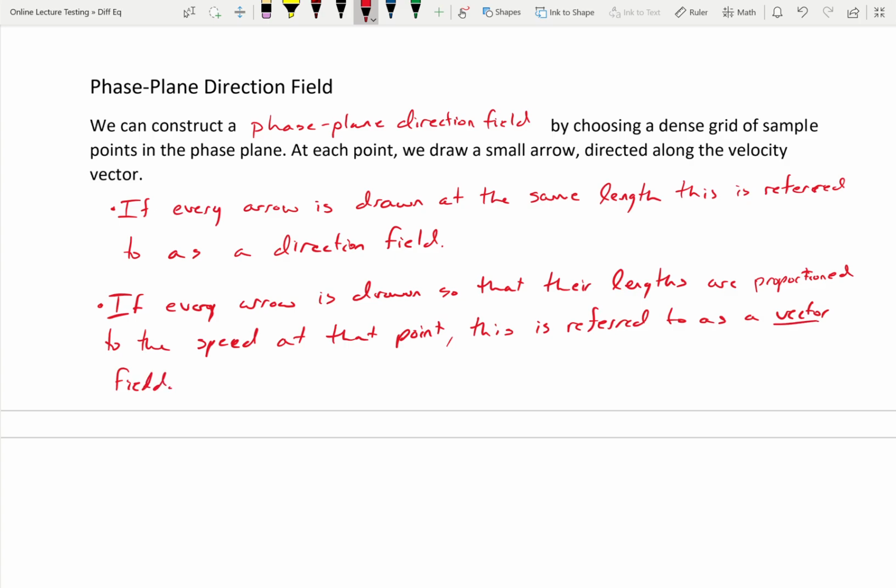Which would be great if we said, okay, let's just use vector fields because then we can see the intensity of everything. But there's a problem with that.